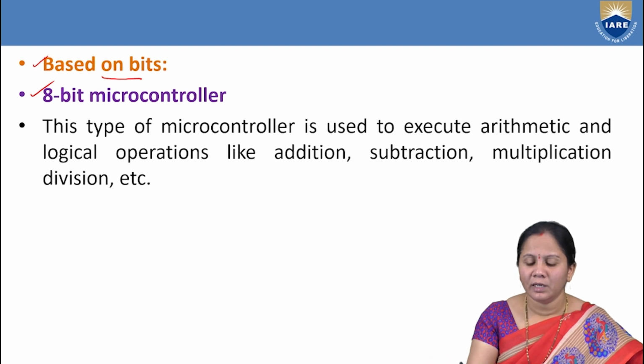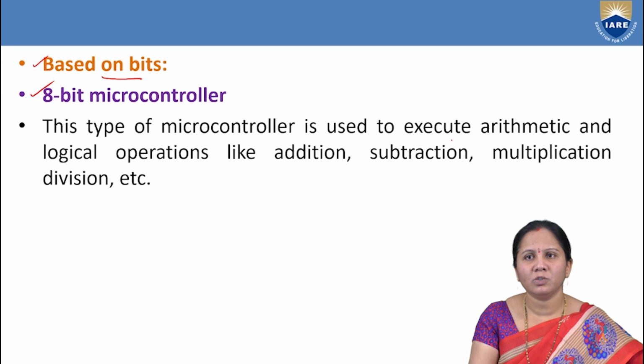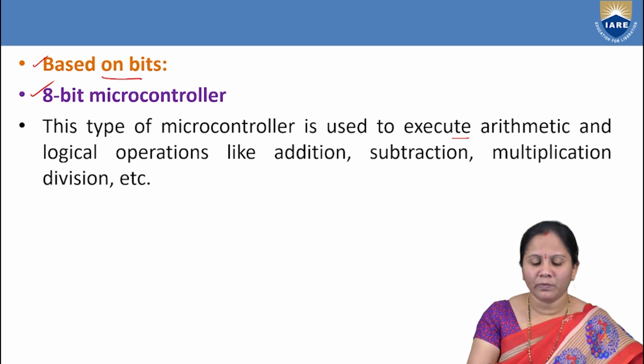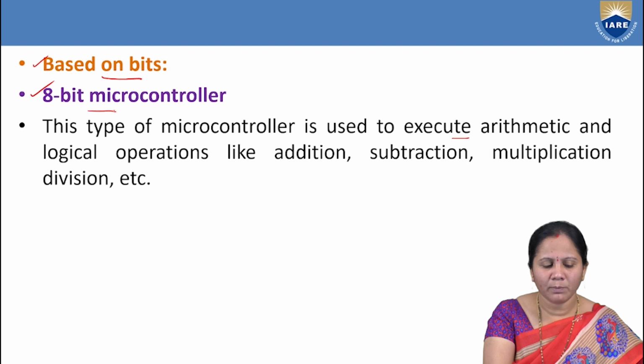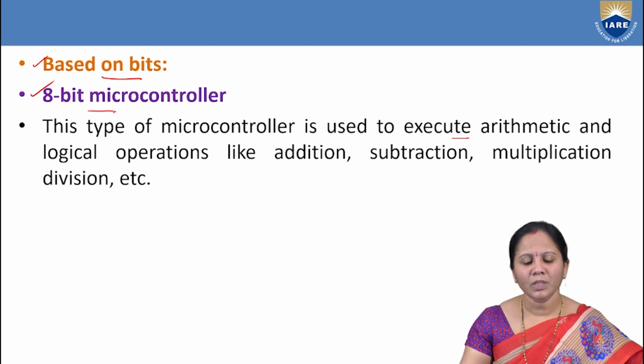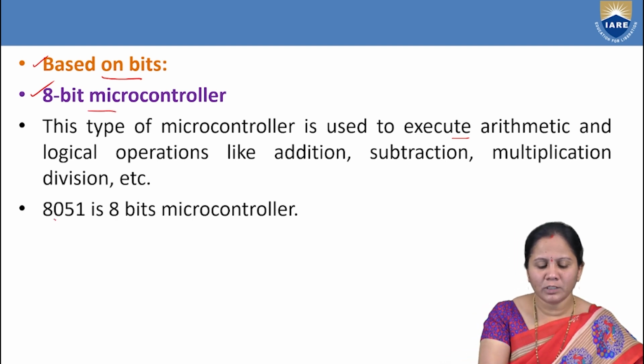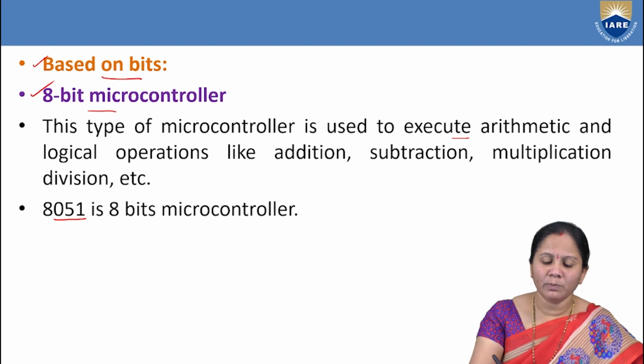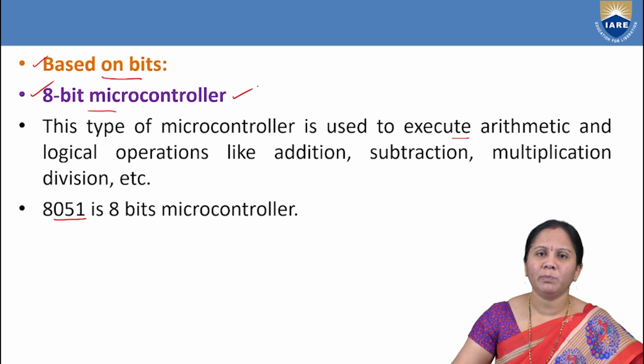That means the 8-bit microcontroller is used to execute arithmetic and logical operations like addition, subtraction, multiplication and division. For example, we have the 8051 microcontroller as an 8-bit microcontroller.